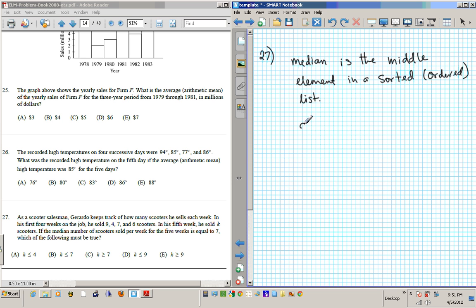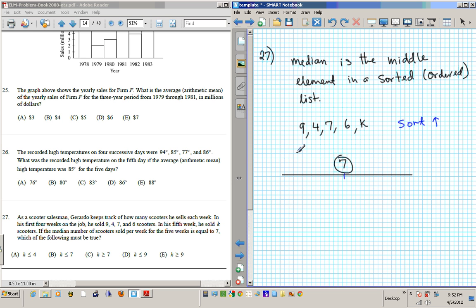numbers, right? We have 9, 4, 7, 6, and K. All right, so he's saying 7 is the median. That means 7 is right in the center. Okay, so if 7 is in the center, that means there has to be 2 numbers before it and 2 numbers after it. Okay, since it's in the middle. So let's say we sorted it by increasing, smallest to biggest.